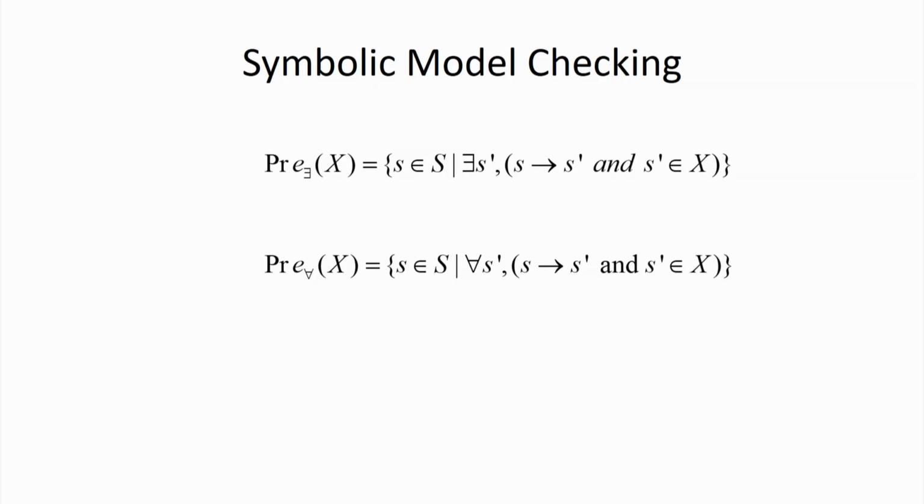Now, we have already seen how to find the predecessor states. We define two operators, one is pre exists and the other is pre for all, where x is a set of states.